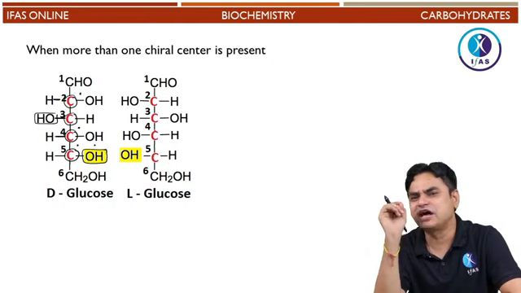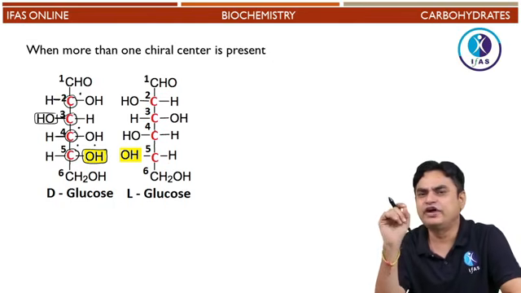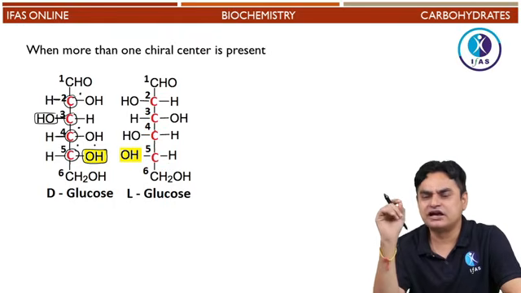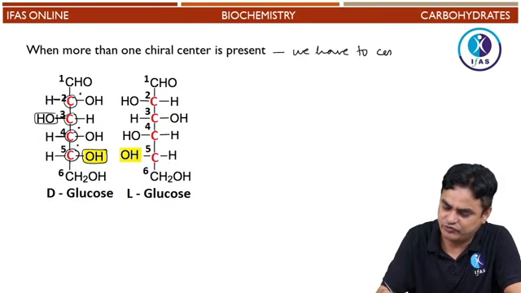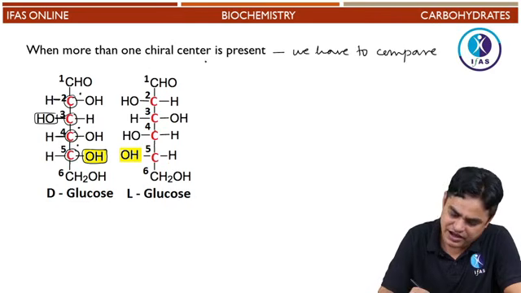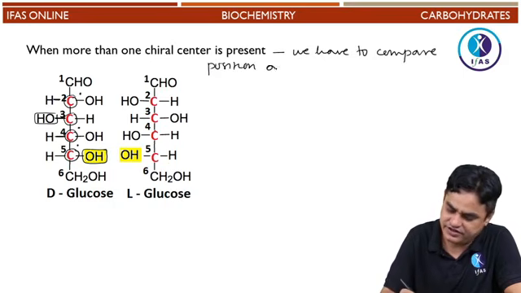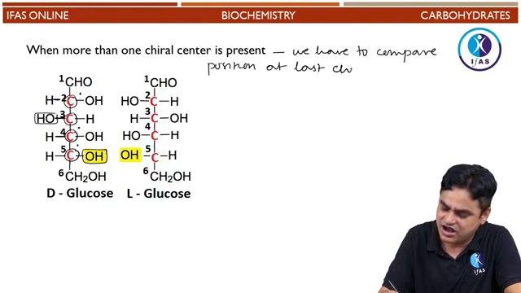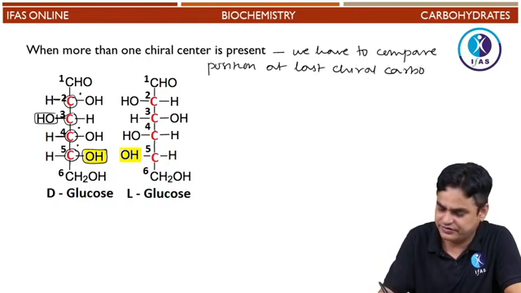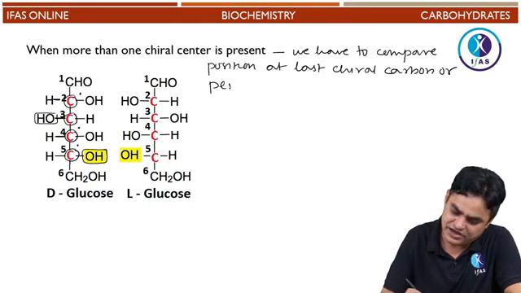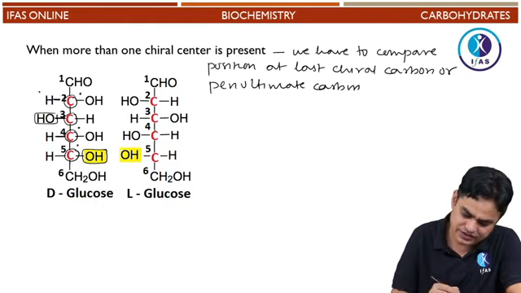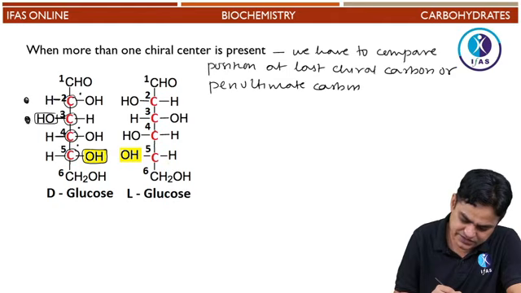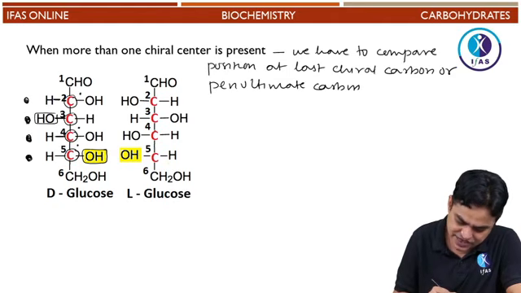So what to do? Which carbon has to be compared? Whenever there is more than one chiral carbon, we have to compare the position at the last chiral carbon, or the penultimate carbon. So in glucose, this is the first chiral carbon, this is the second, this is the third, and this is the fourth, the last chiral carbon.